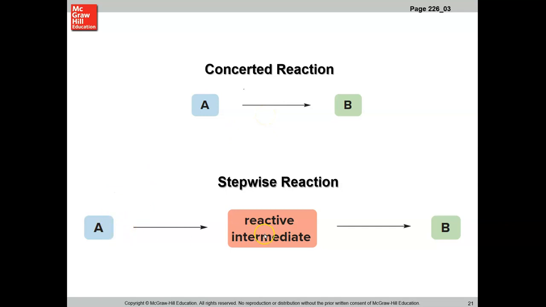Sometimes there are going to be intermediates, and we're going to be talking about stepwise reactions. That's if we're going to show more than just your starting point and your ending point. We're going to give an idea of what the intermediate steps are to help us understand why and how the products are being created.